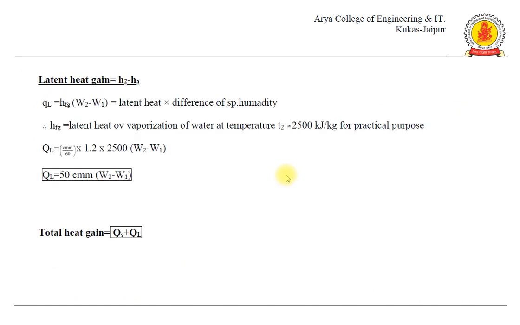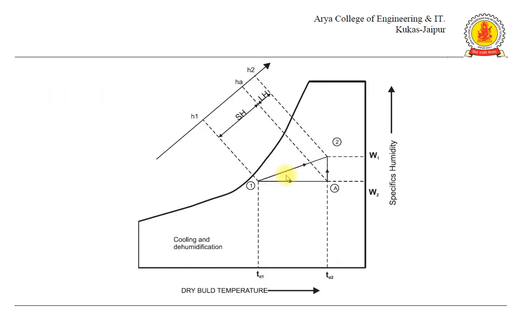This process is shown in this psychrometric chart. Air initially at point 1, its temperature will rise from TD1 to TD2. It will absorb moisture, W from W1 to W2. We will reach point 2.